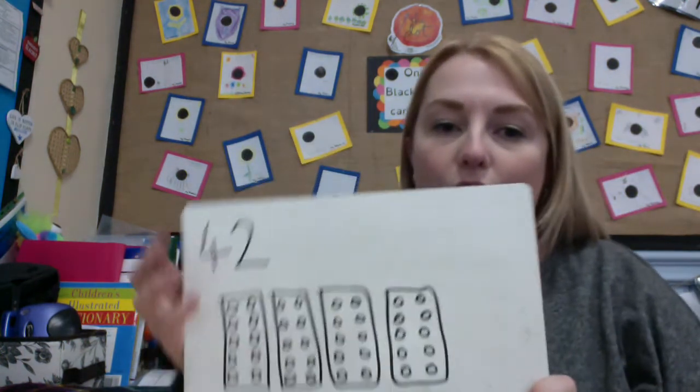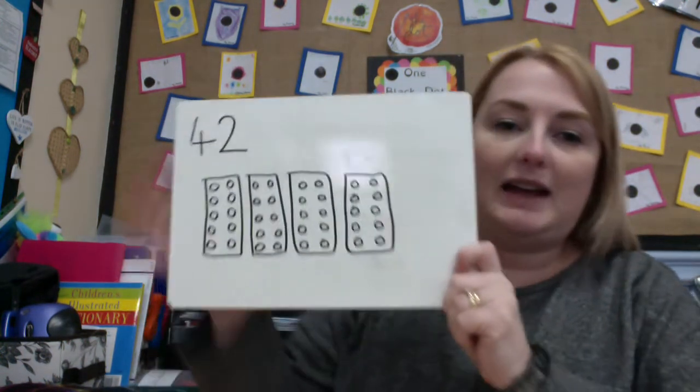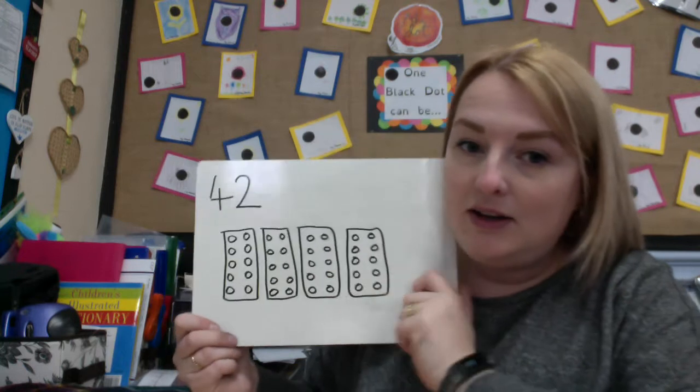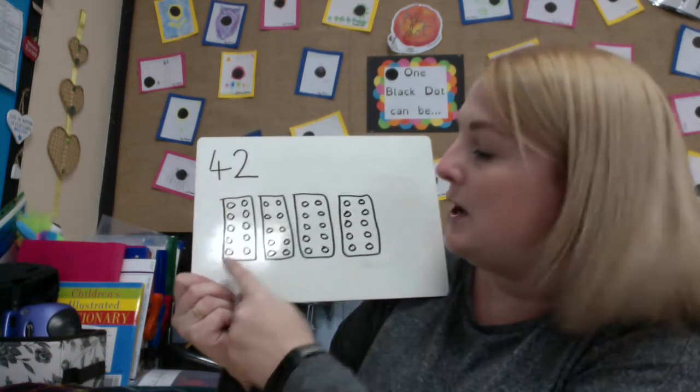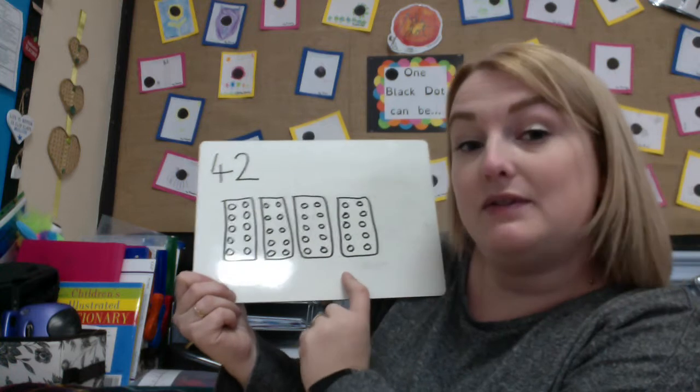It doesn't have to be perfect. So the number 42 has 4 lots of 10. So I have got 10, 20, 30, 40, 1, 2, 3, 4 lots of 10.